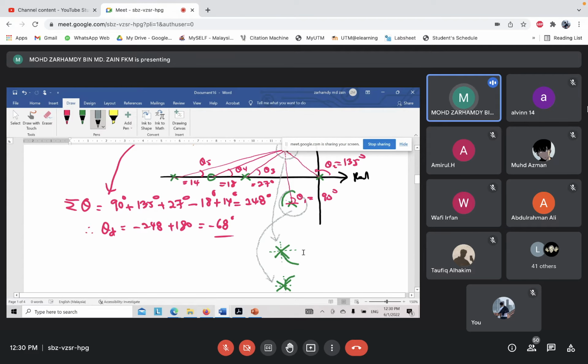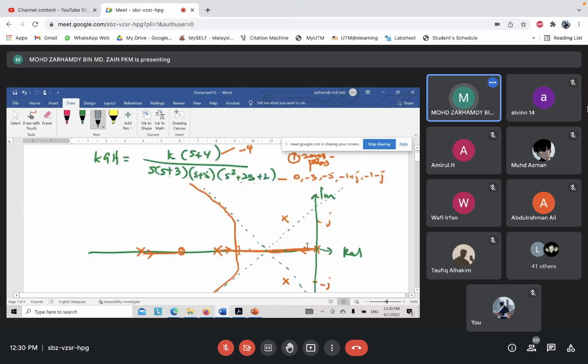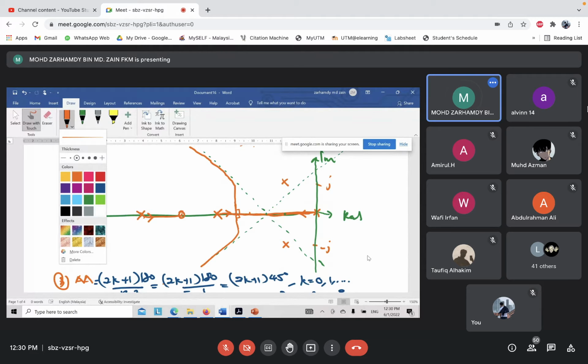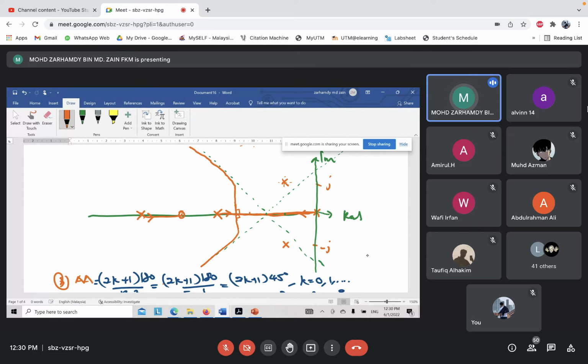So refer to the original figure. Di mana figure kita? Okay, here. Apa kita nak buat adalah we need to follow the angle of departure. So here, if you can see, 68 is around here. It must go close to the asymptote, and then they will go up, or follow the asymptote, and then will be passing through the imaginary axis.